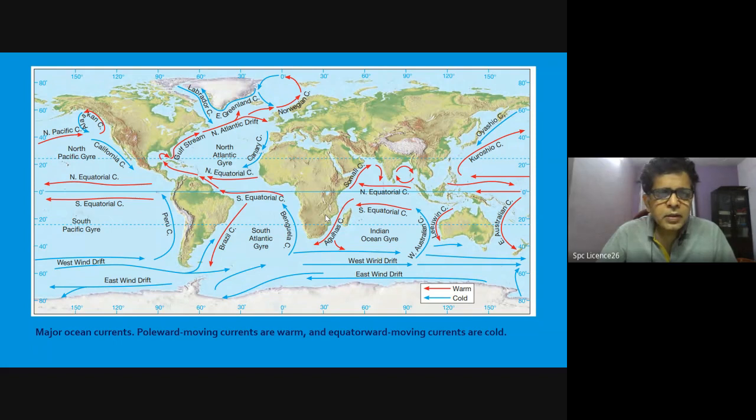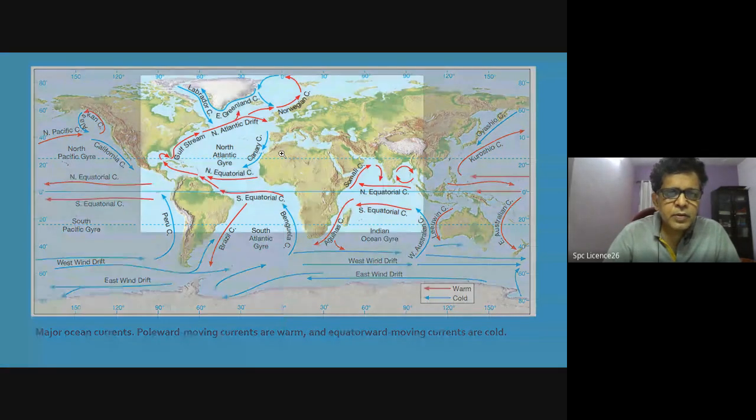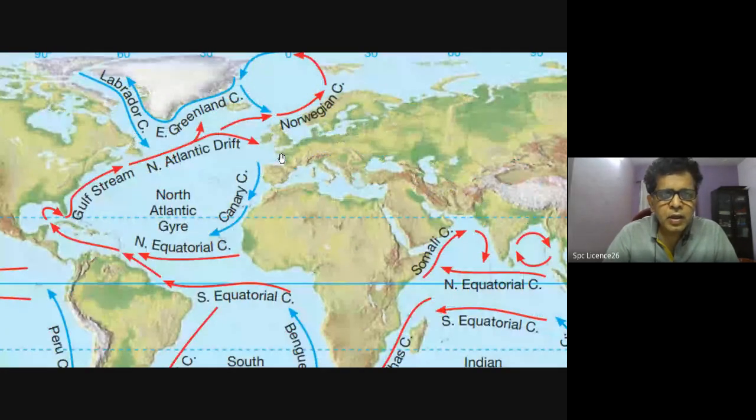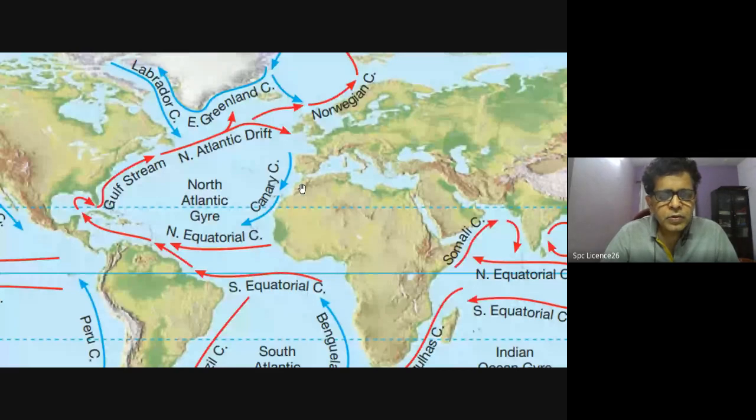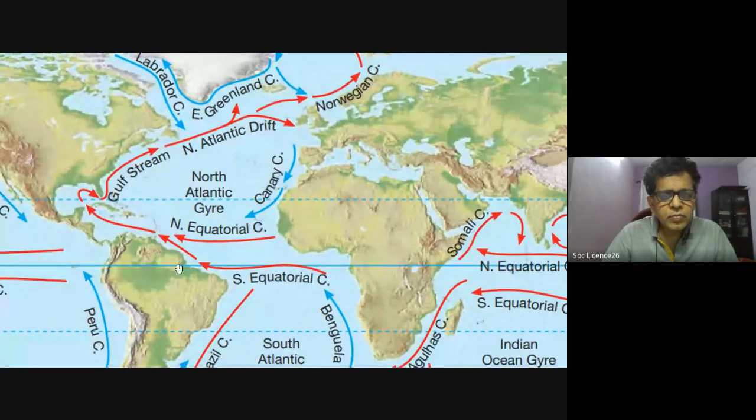Now, is there a pattern in which these ocean currents flow? Definitely, there is a pattern you can see, and I will just name you this pattern. We'll take one particular ocean and try to see these patterns, and if possible, we'll apply those patterns to the other oceans also. What you see as pattern is, let us start moving from the equatorial region. This is the equatorial line. This blue line is the equator.